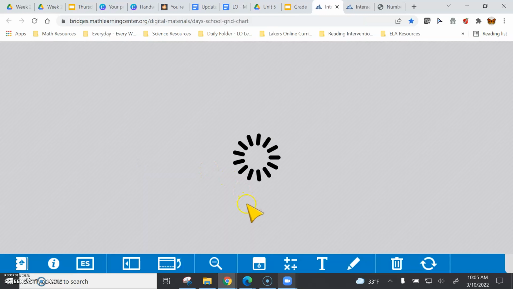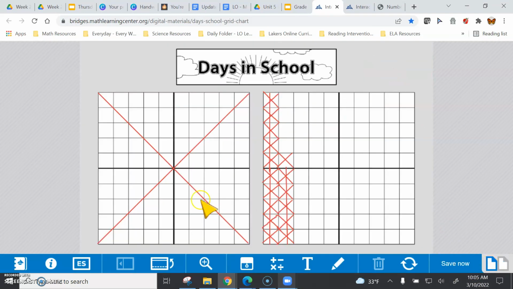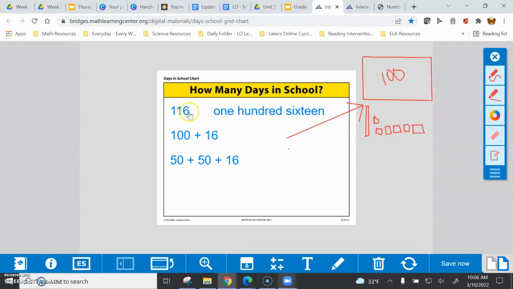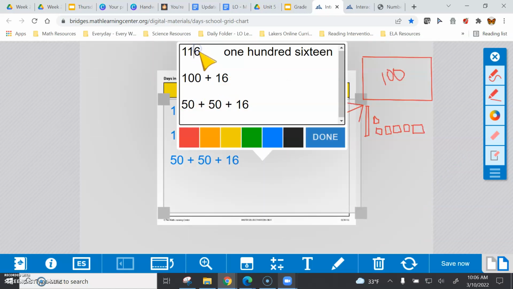Let's count our days in school and add another day. Oh boy. Our number is growing. We are now on day 117. Amazing, amazing. 117. So we'll go ahead and change our numbers to 117.